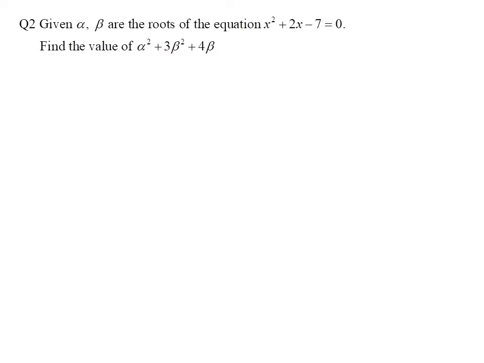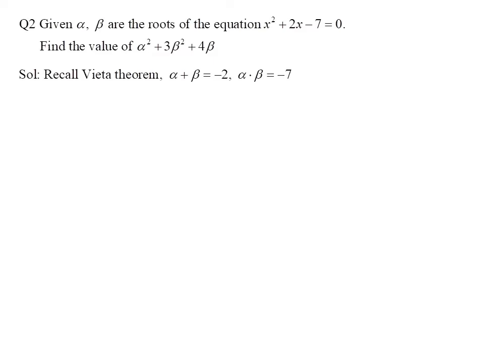However, as we have learned, using Vieta theorem to simplify the value expression first is a better approach for this question. Now, according to the Vieta theorem, alpha plus beta is equal to negative 2, while alpha times beta equals negative 7.